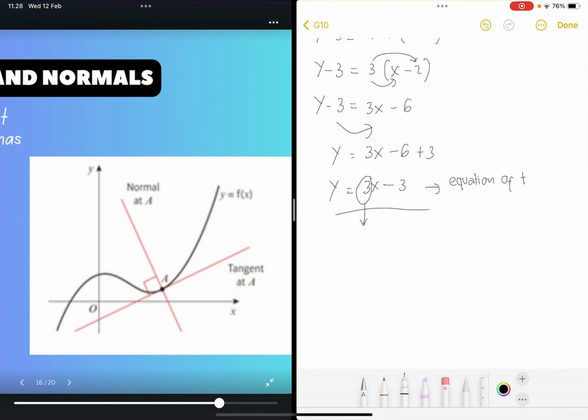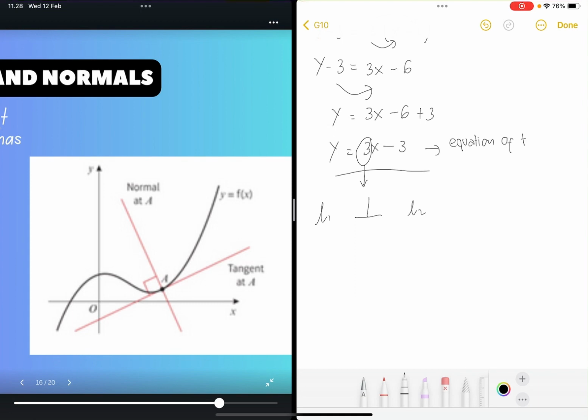I have told you before, if we have m1, the gradient of line 1, and we have another line, line 2, and the relation between them is perpendicular to each other, then the gradient of the first and the second one, what's the relation? Yes. So m1 will be equal to minus 1 over m2, or vice versa. m2 is actually minus 1 over m1, like this.